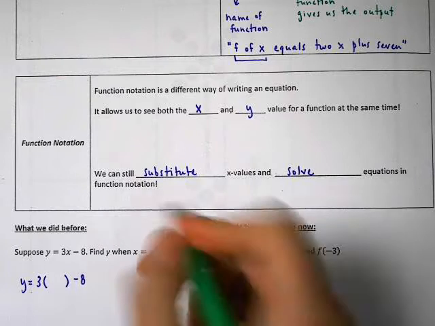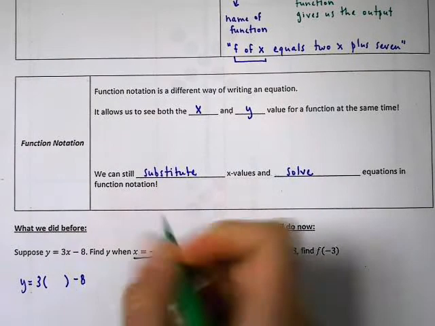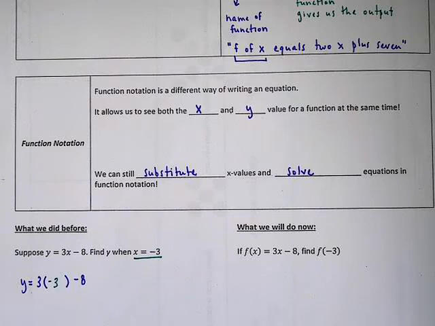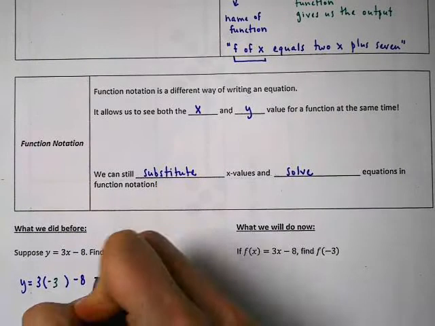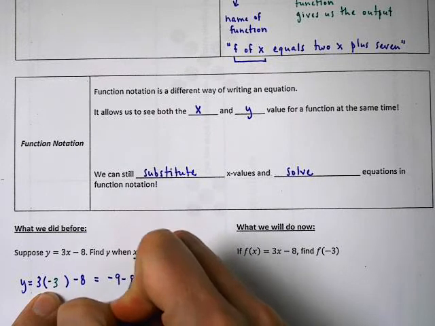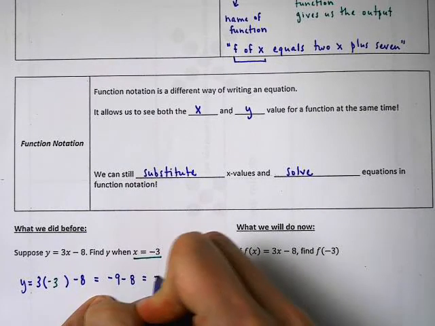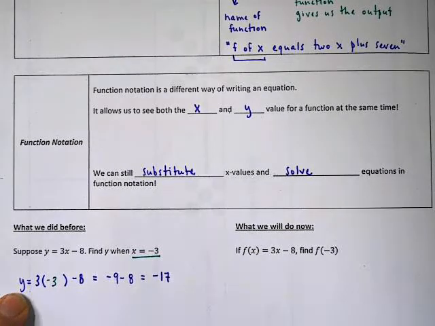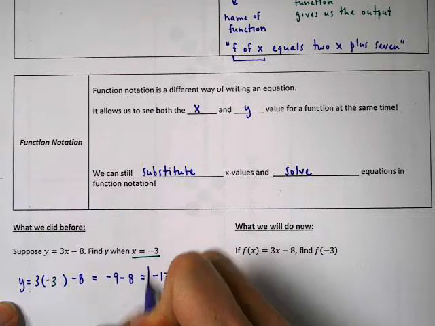And then we said, well, x is negative 3, and we substituted that for the x in our equation. So now when I simplify, we got 3 times a negative 3 was a negative 9. Negative 9 minus 8 is a negative 17. So the value of y when x is negative 3 was negative 17.